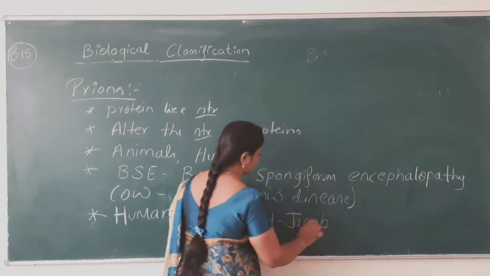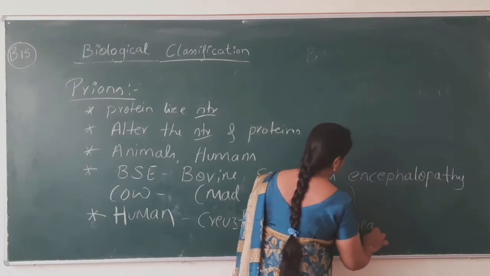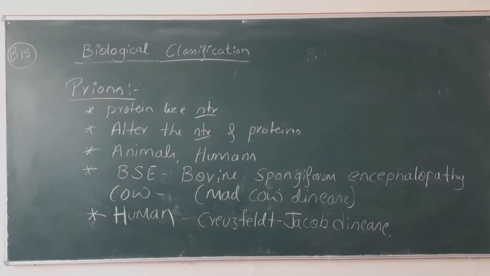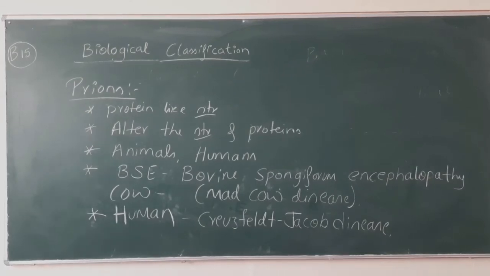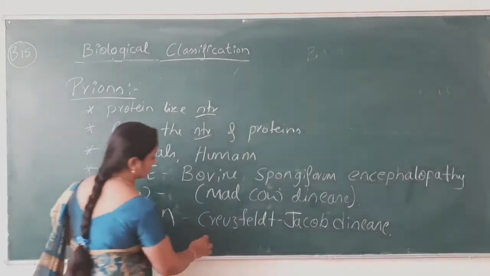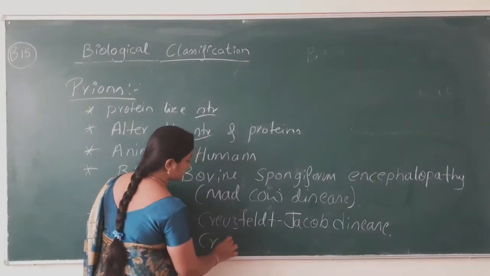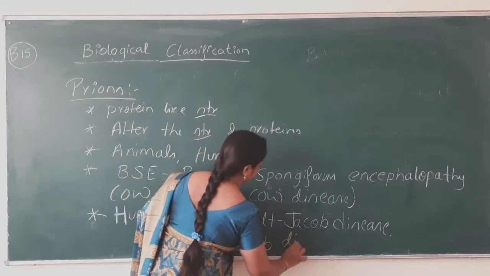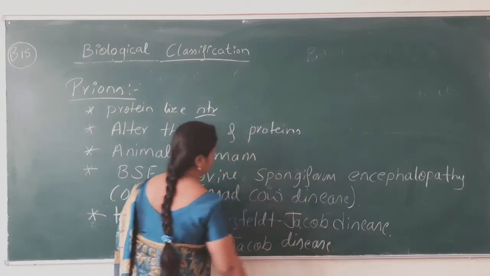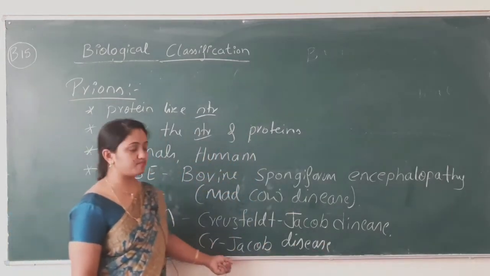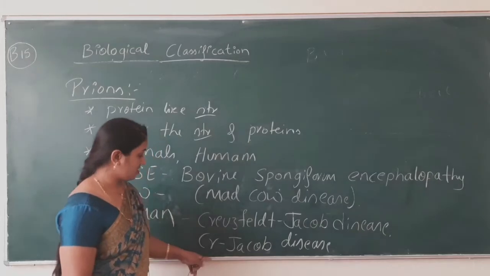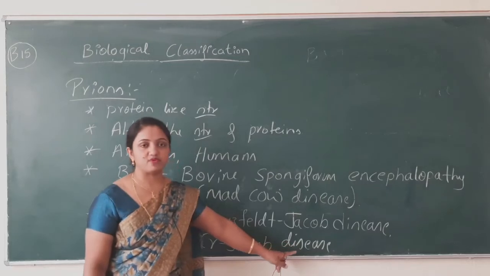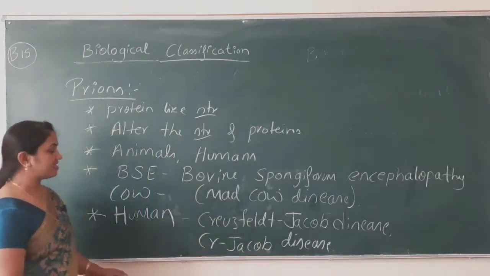In short, CJ disease. Why have they given that type of name to this disease? Because he was the one who discovered this type of disease. That's why they have given the name.